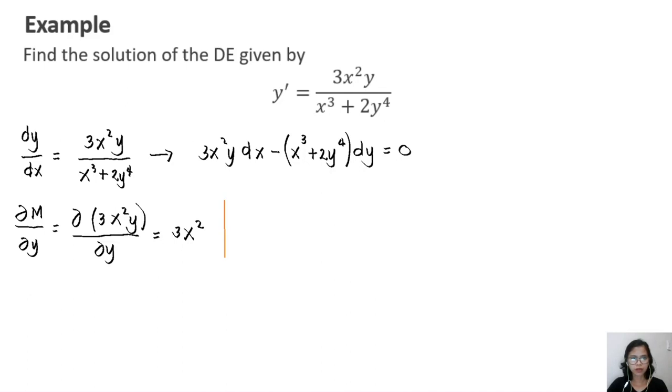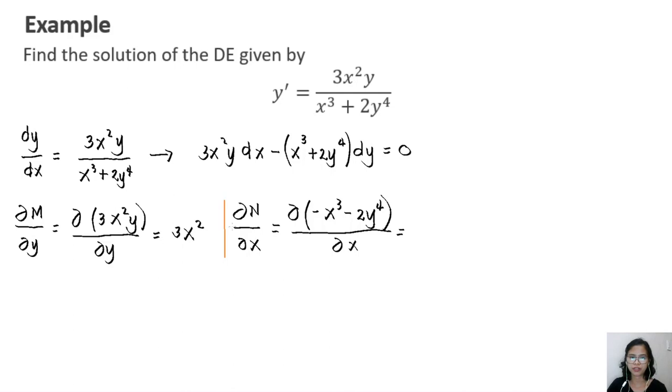Okay, so let's solve for the partial derivative of N with respect to x, so we will differentiate with respect to x, equal to the partial derivative of negative x cubed, I'm going to distribute the negative, minus 2y to the fourth. This is our N, with respect to x. So x is the variable, y is considered constant.